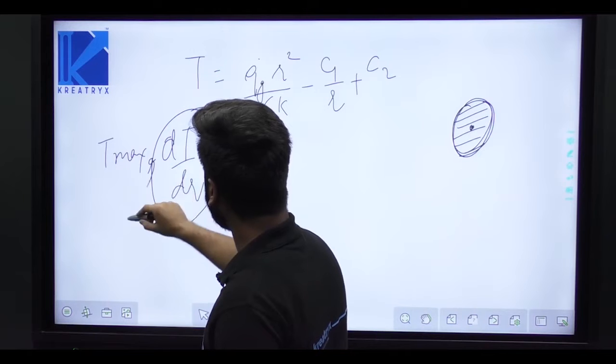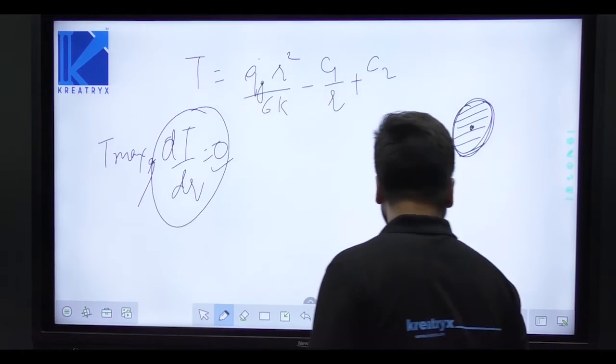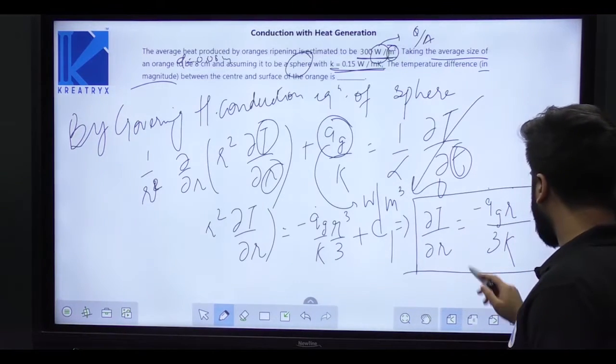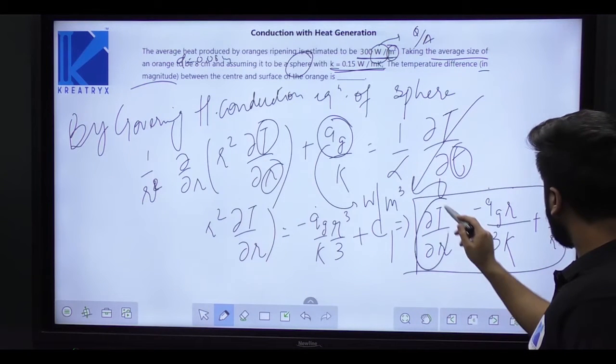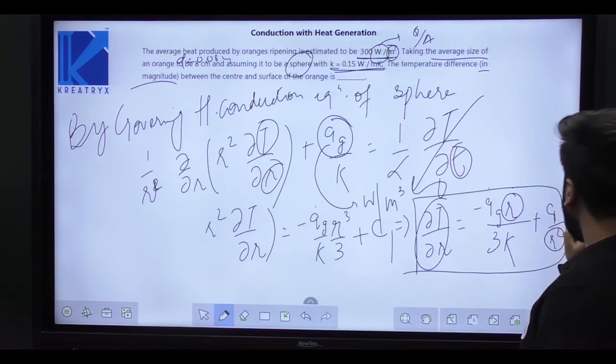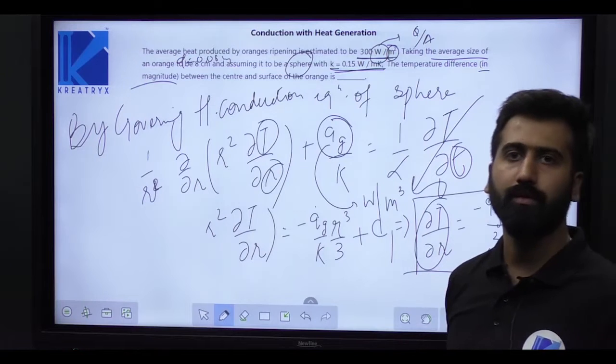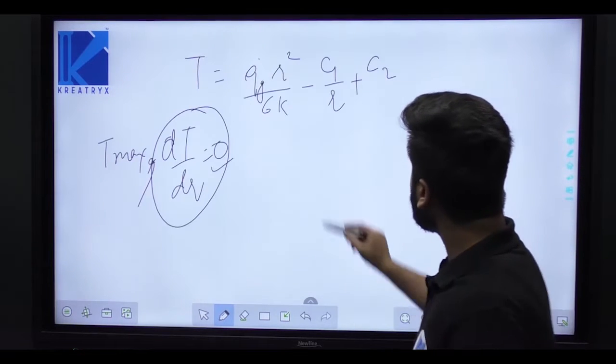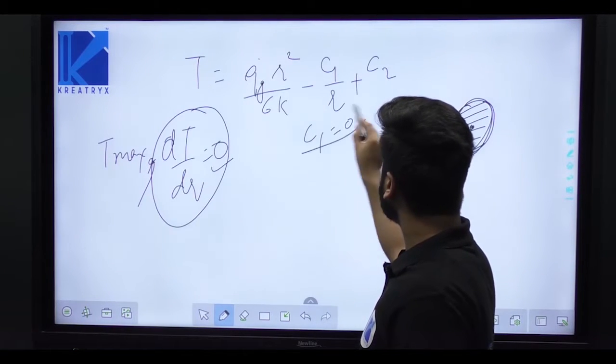This temperature gradient will be 0. So put this here. If this is 0, and r is 0, this is 0, c1 has to be 0. So c1 is 0.